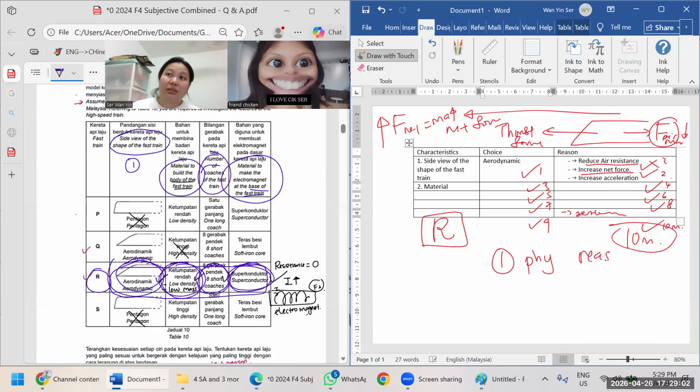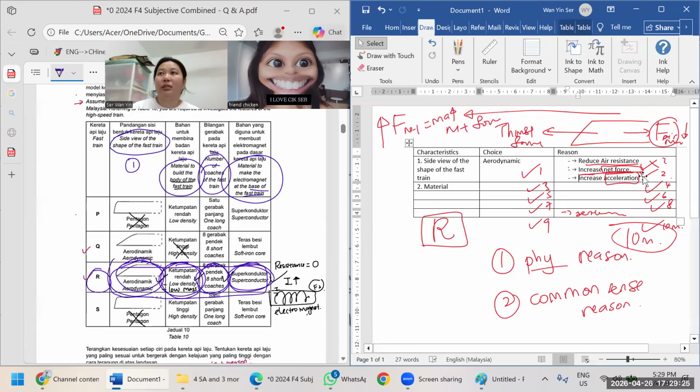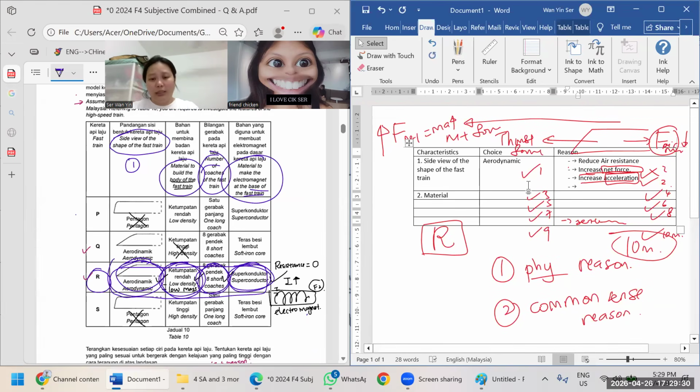a physics reason first. It involves a physical quantity, the force, more or less, increase, decrease. The acceleration, more or less, increase, decrease. Physics reasons. Again, write a common sense reason. For example, if after this you feel, teacher, I want to write a common sense reason, you can say the train moves faster, safer, something like a common sense reason.